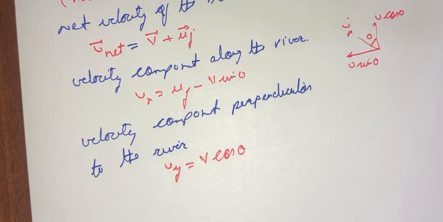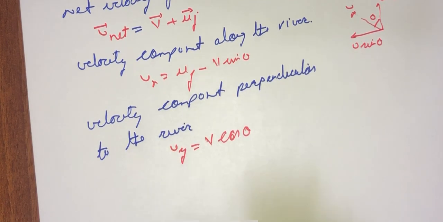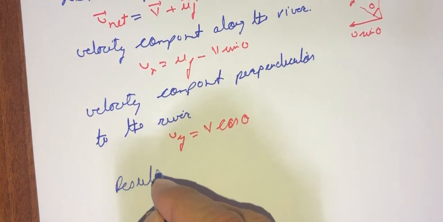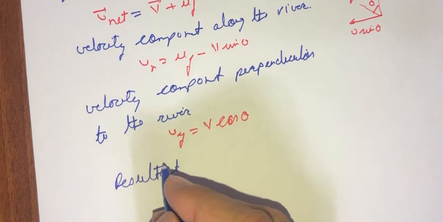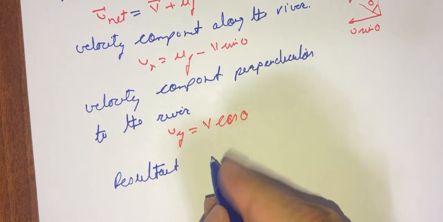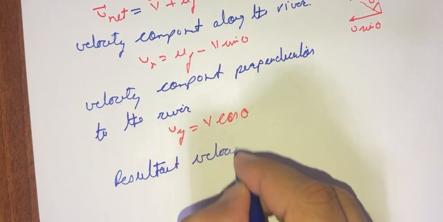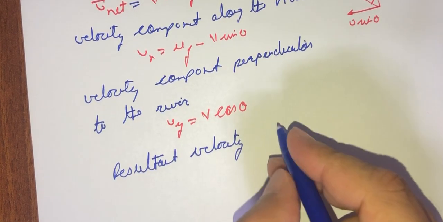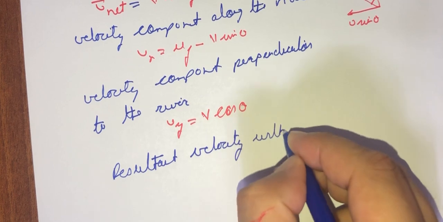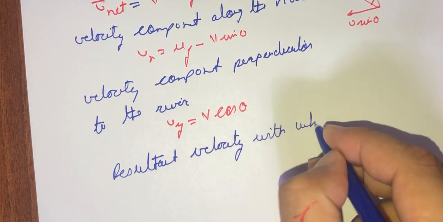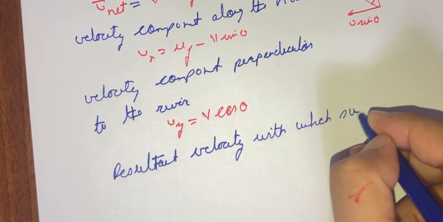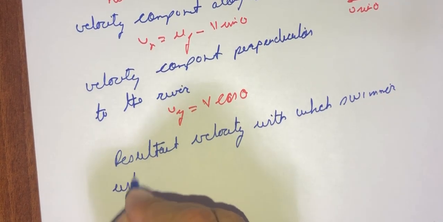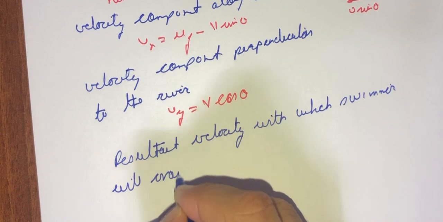Now again we find out the net resultant, or we can simply say the resultant velocity with which the swimmer will cross the river.